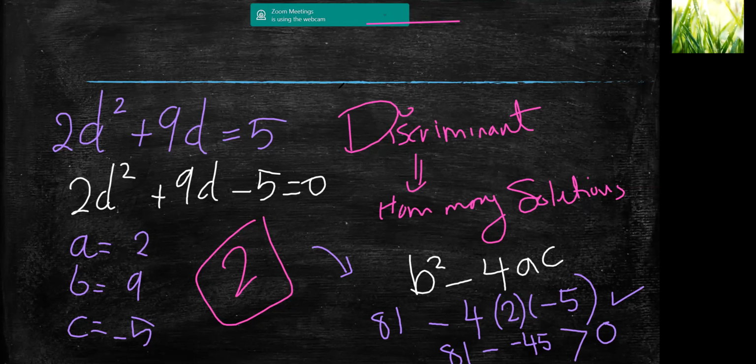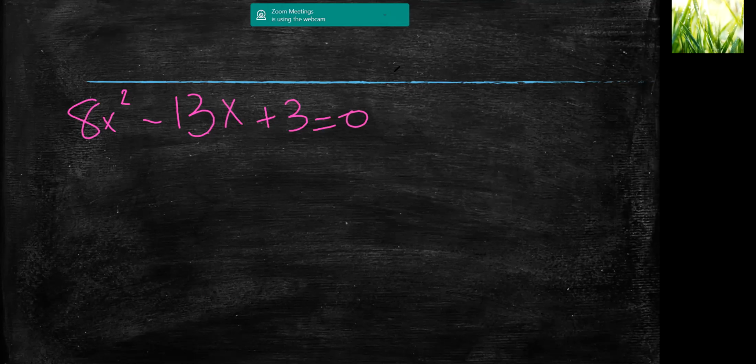Is it clear? Yes. Now, which method is the best method for solving the equation if you have 8x squared minus 13x plus 3 equals 0? Which method is the best method to solve it? Should we use the square root?